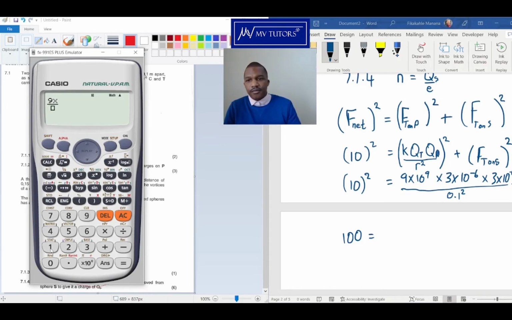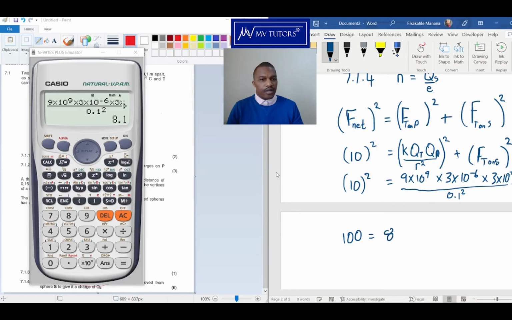It's 9 times 10 to the power 9, times 3 times 10 to the power of negative 6, times 3 times 10 to the power negative 6 again. It's all on top. Downstairs it's 0.1 squared, and I get 8.1. So I get 8.1 this side.